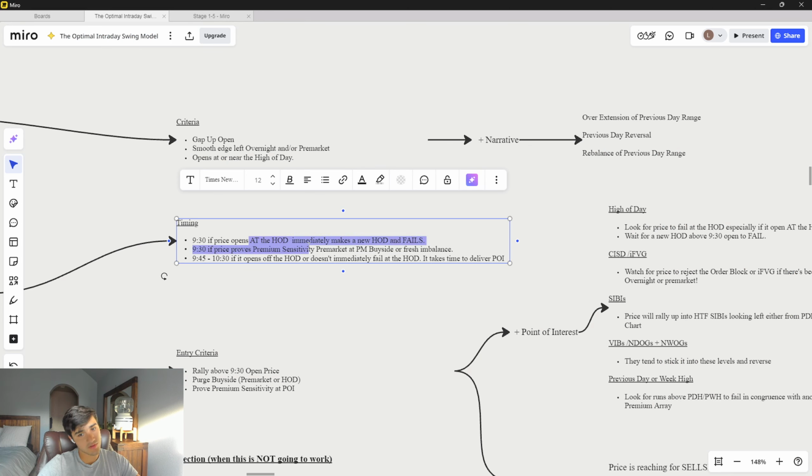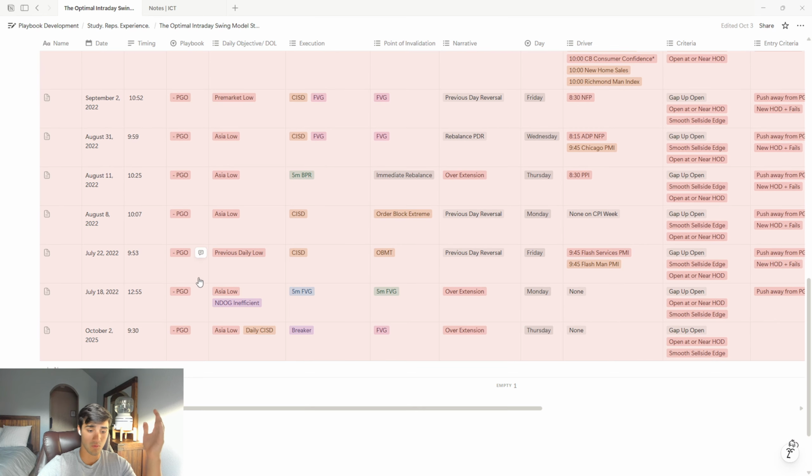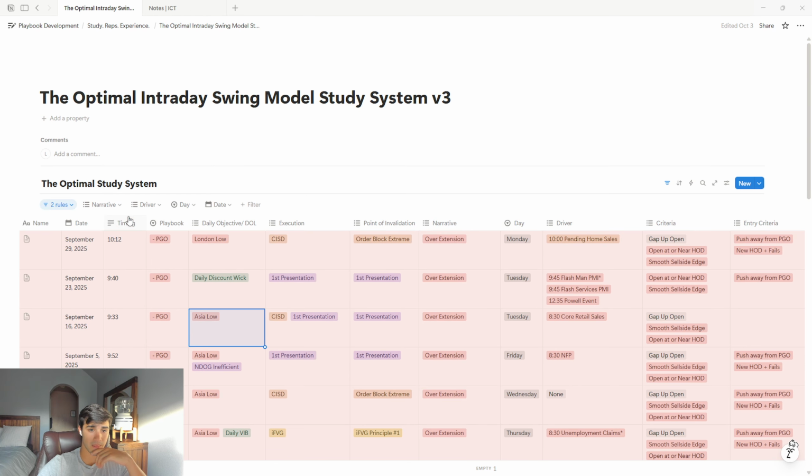It's going to happen at 9:30 if price opens at the high of day, immediately makes a new high of day, and fails. But in this case, what did it do? It proved premium sensitivity at a fresh imbalance, rejected that and went lower. So I know we're going lower, so I'm selling it short right at 9:30. I know this move happens at 9:30, really early into the open, so I'm comfortable with selling it right into the open once I get confirmation.